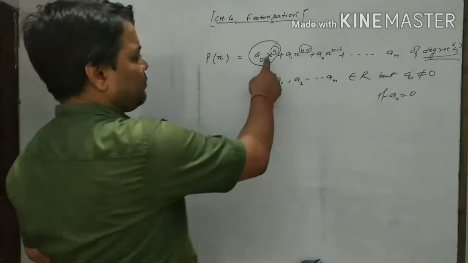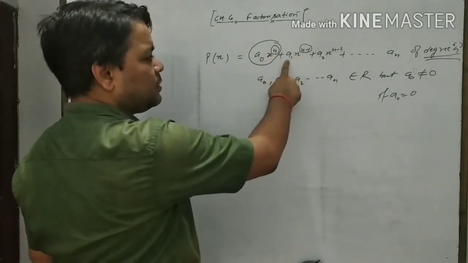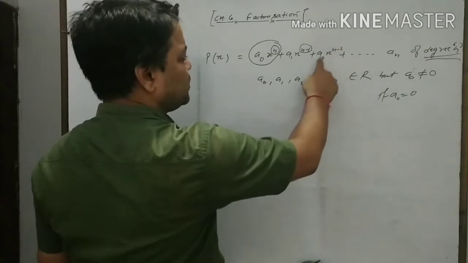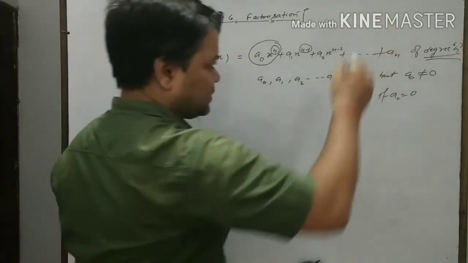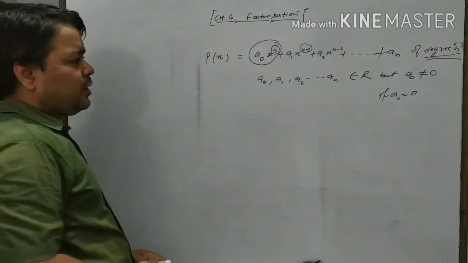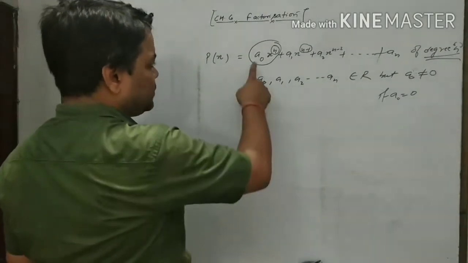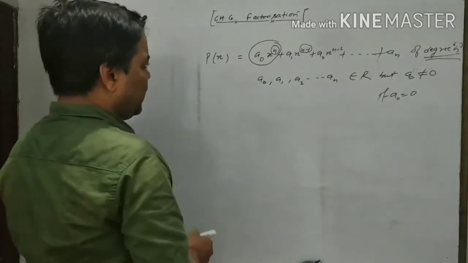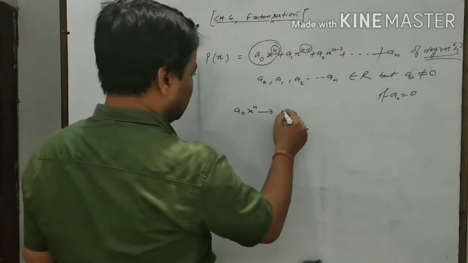Here the coefficient of x to the power n is a0, the coefficient of x to the power n minus 1 is a1, the coefficient of x to the power n minus 2 is a2, and this is the constant term. Okay. So here a0 is called the coefficient, and a0 x to the power n is called the leading term.